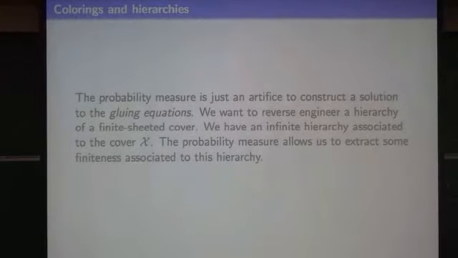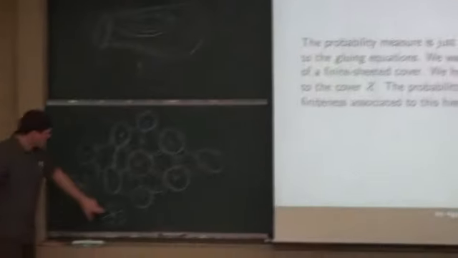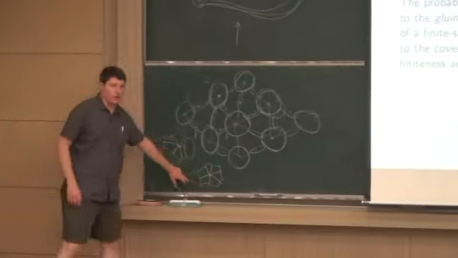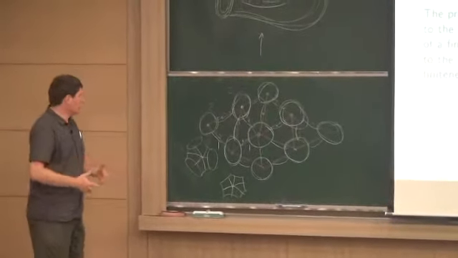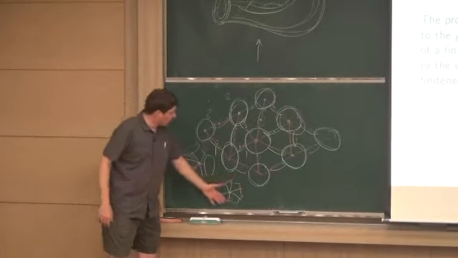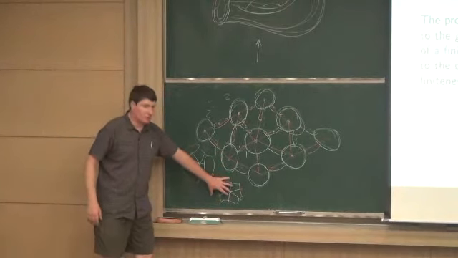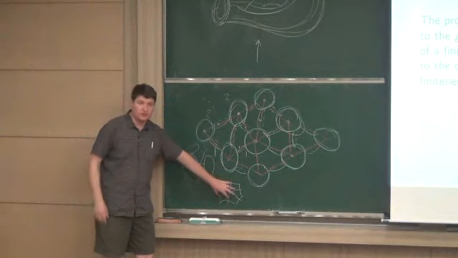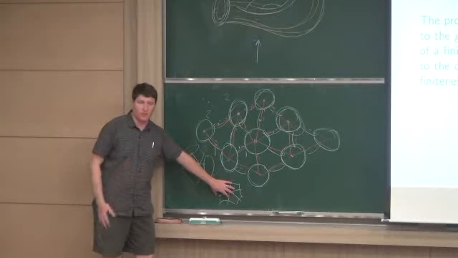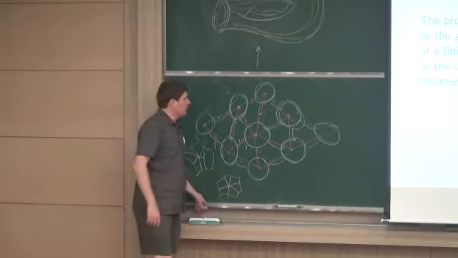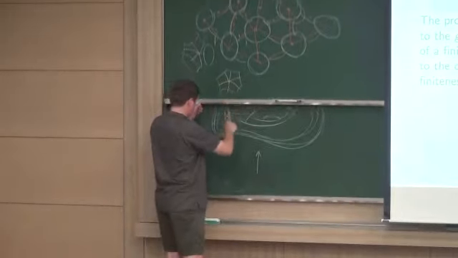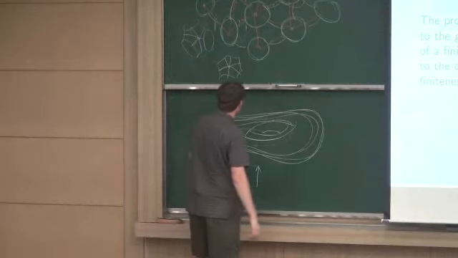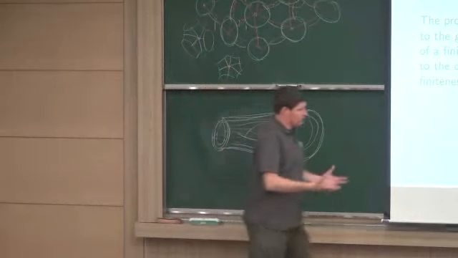Namely, if I take this measure, then for each of these polyhedra with the associated colorings, there's some number associated, which is the probability that this guy is colored this way in my probability measure. So for this particular polyhedron, there'll be different ways of coloring it.